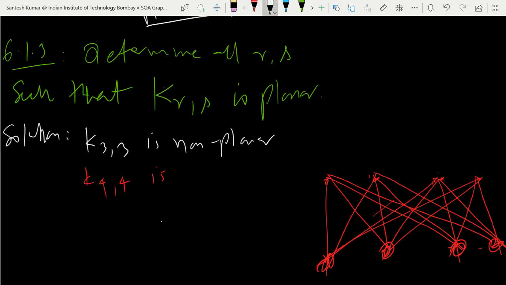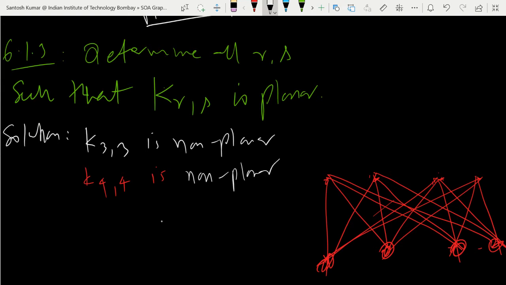Is this a planar graph or a non-planar graph, K44? So it is non-planar, correct?